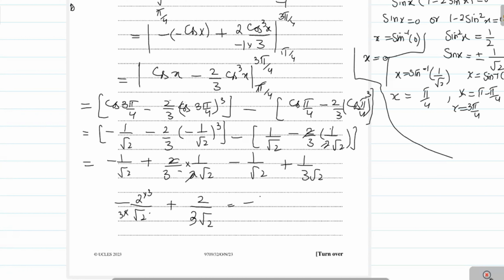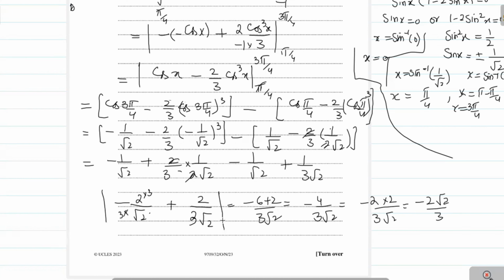Therefore, this value become minus 6 plus 2 over 3 square root 2. This will be equal to minus 4 over 3 under root 2. And we can write minus 2 into 2 over 3 under root 2. And we can write minus 2 under root 2 over 3.